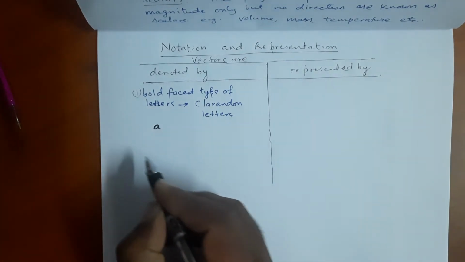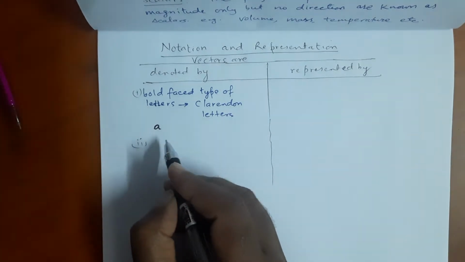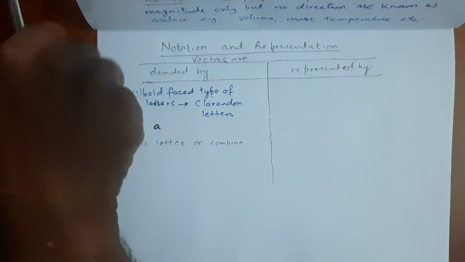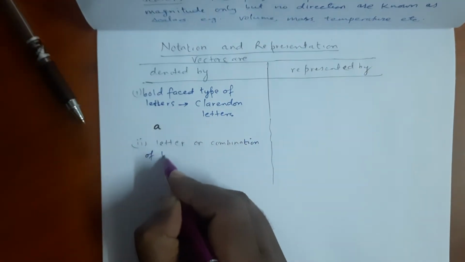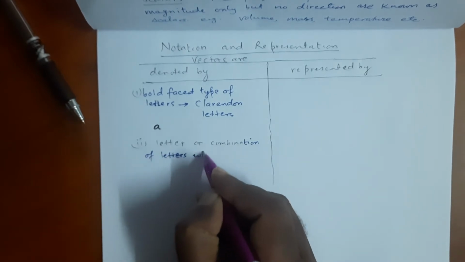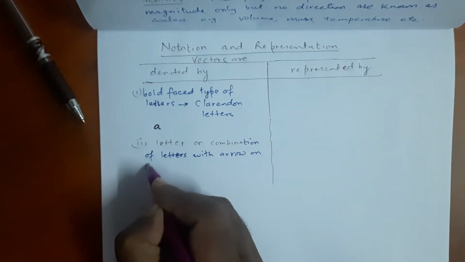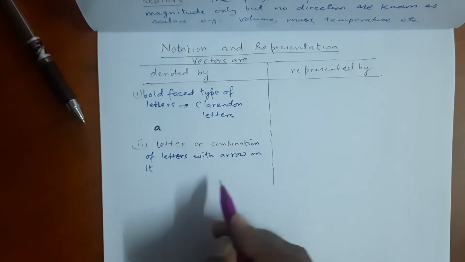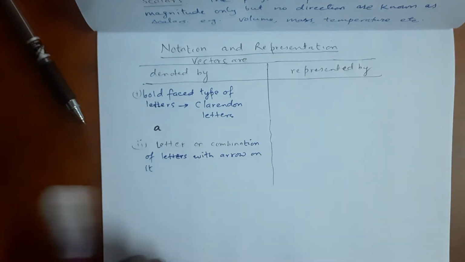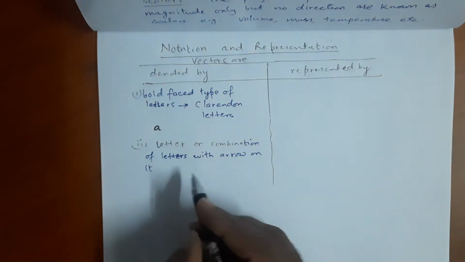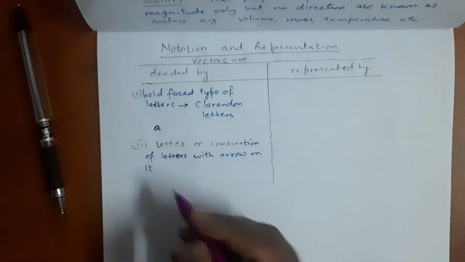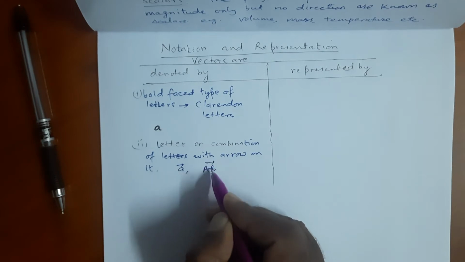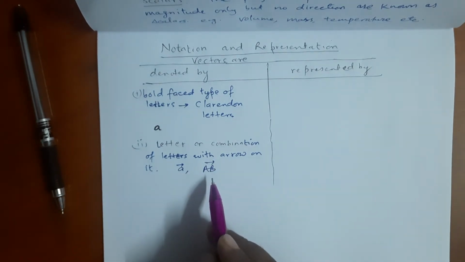Vectors are denoted by a letter or combination of letters with an arrow on it. Like this way, vector A or vector AB.